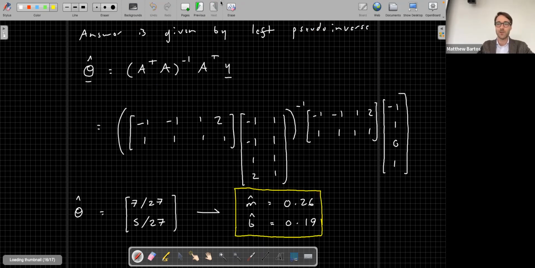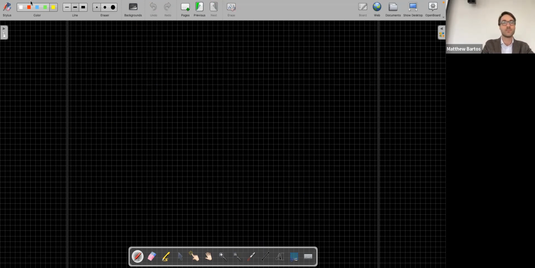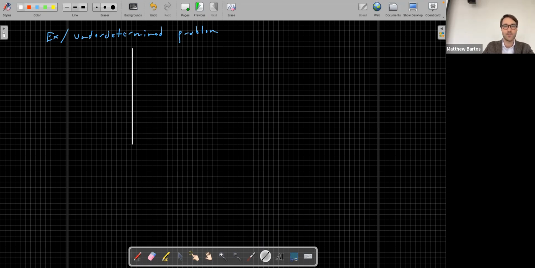Cool. So let's do the other one. Let's look at the underdetermined problem. Okay, so as before, we have our R2 plane. And this time we're only going to have 2 points. So let me draw a set of ticks here.